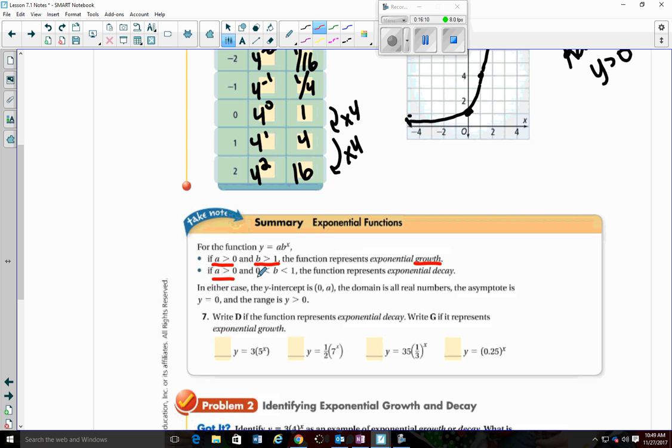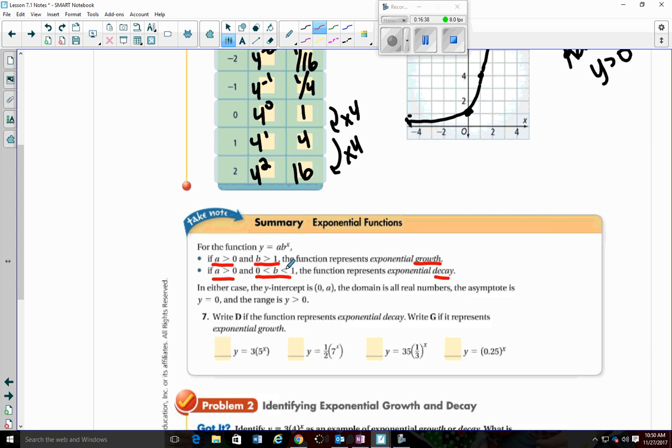And if it's between 0 and 1, it's a decay. I want you to make those connections because, again, it comes down to this base. That's the only difference in the two conditions. So if this base is something larger than 1, we call this a growth. And if this base here is between 0 and 1, we call it a decay.